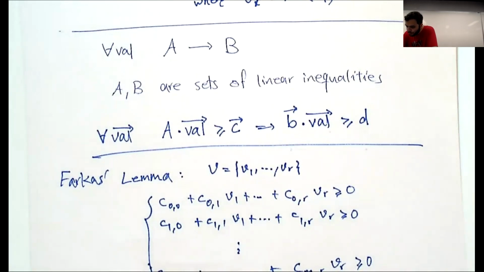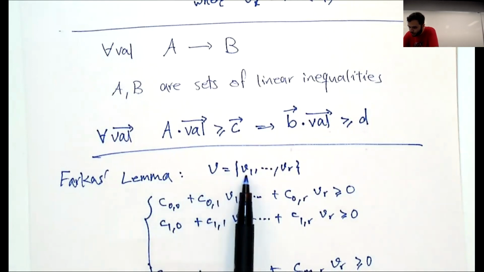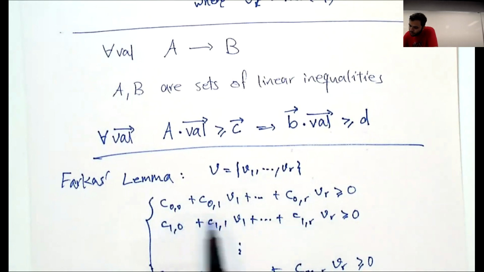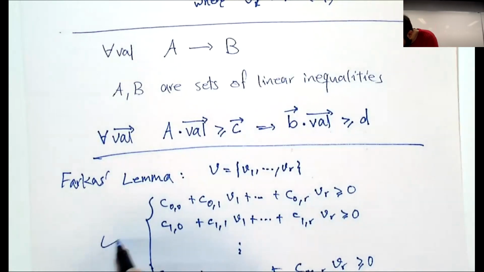Okay, so I have a set of variables, V1 to VR, and then I have M different linear inequalities over these VRs. Let me call these inequalities, whatever, let's call them psi.